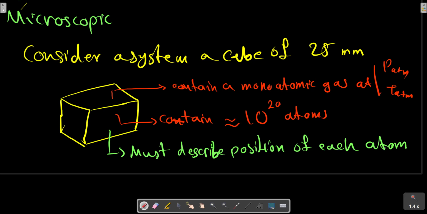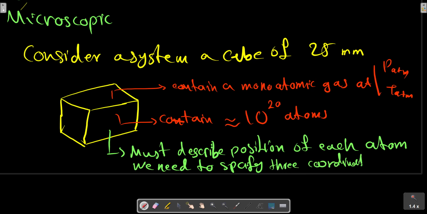We need to specify 3 coordinates for each, so each atom must be described separately with a separate coordinate.